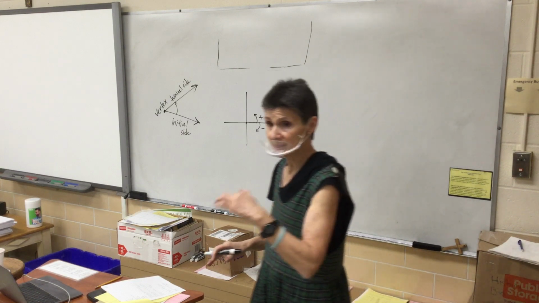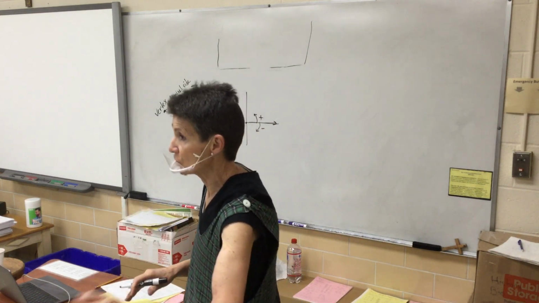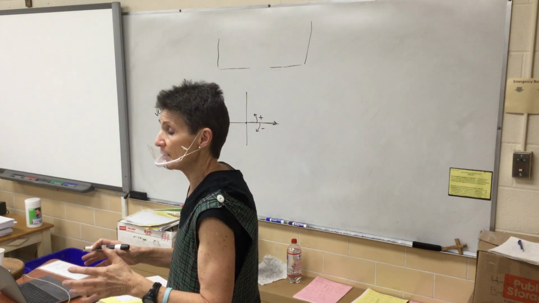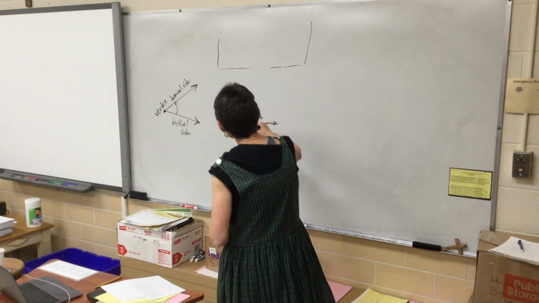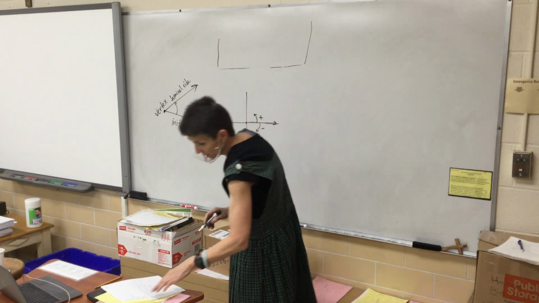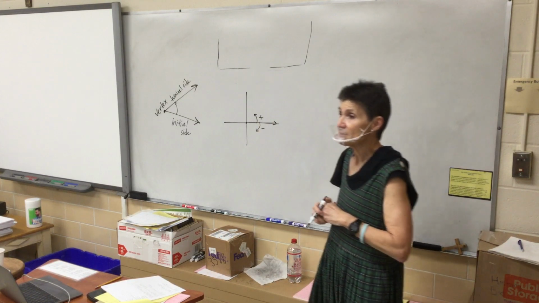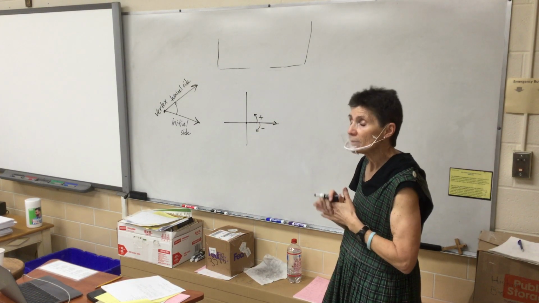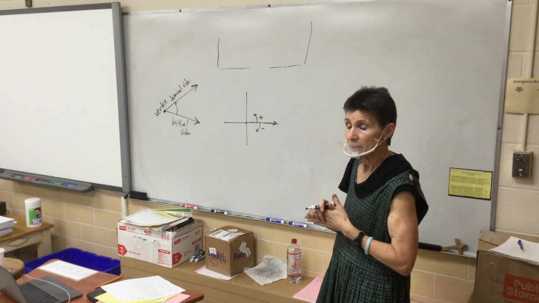There will be a few exceptions that we'll get to eventually, but basically, you're going to draw all your angles in standard position. If you go counterclockwise, it's positive. Clockwise, it's negative.